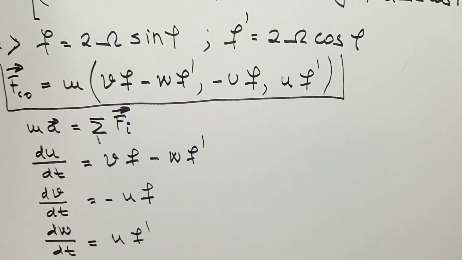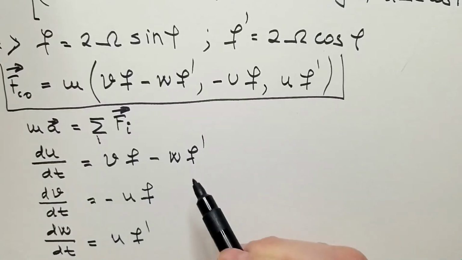We see that if the air is moving eastward, which means u is positive, dv dt will be negative because of this minus in the northern hemisphere. So the deflection will be towards the south.